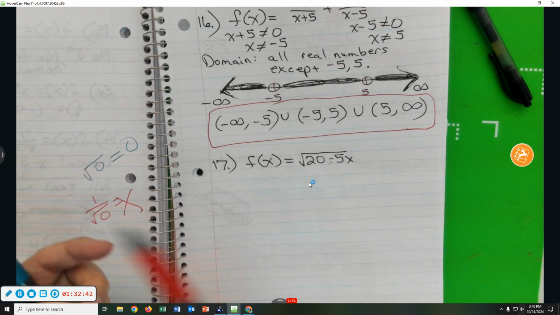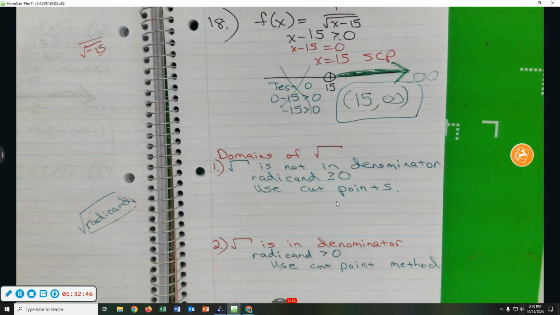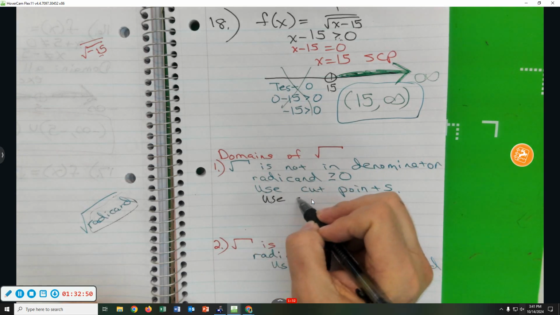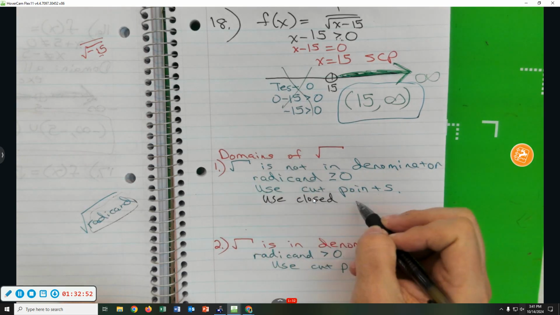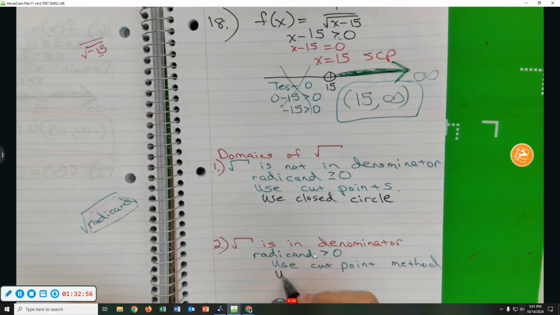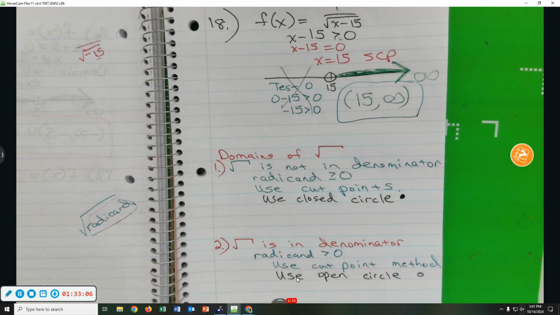Tim, go ahead and use closed circle here. Okay, this one here, use closed circle. That's a good idea. Whereas if I were going to do something similar down here, if there's a denominator, use open circle. There versus there, trying to distinguish between these two different types of square root functions.